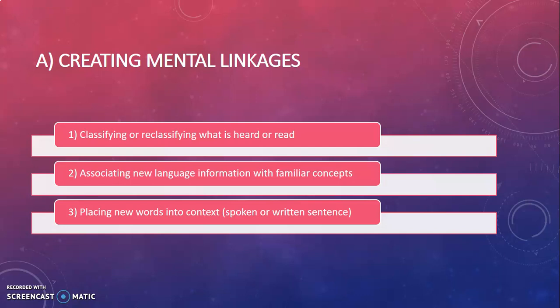Placing new words into a context involves placing new words or expressions that have been heard or read into a meaningful context, such as a spoken or written sentence, as a way of remembering it. For example, a student encounters a list of words related to sewing, such as hook, button, thread, needle, and he or she writes a little story to put these words into meaningful context.